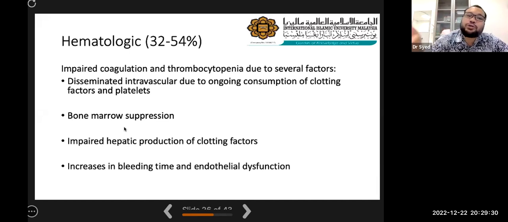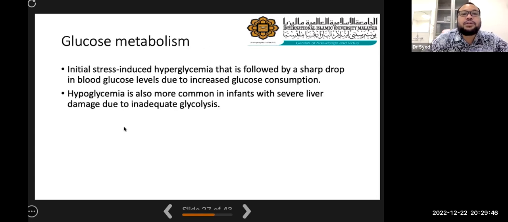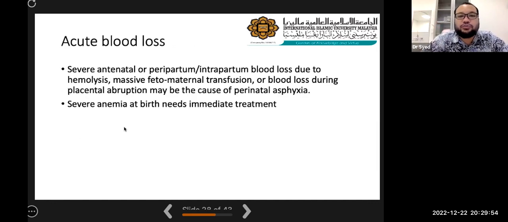And so there'll be impact on production of your coagulation factors, and also it can result from the hypoxemia and acidosis as well. There may be increase in bleeding time and endothelial dysfunction. So also it affects your glucose metabolism, because obviously glucose metabolism needs oxygen and so on and so forth.